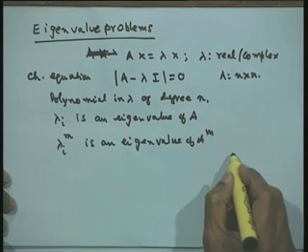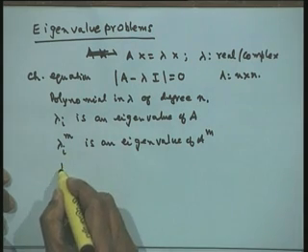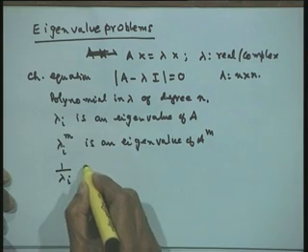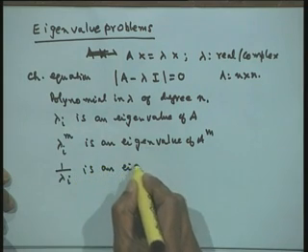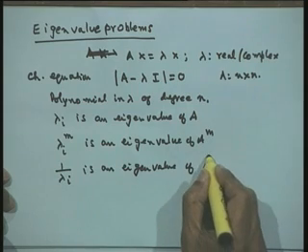Let us assume that A is non-singular, that means the determinant of A is not equal to 0. Then 1 upon lambda I is an eigenvalue of A inverse.